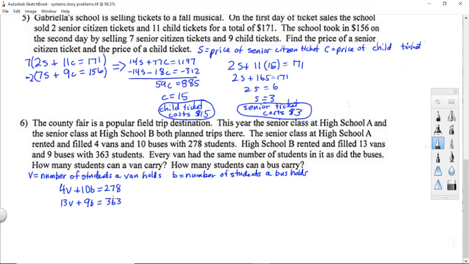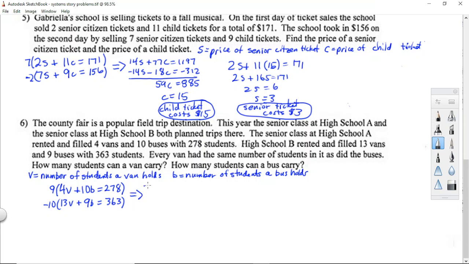Okay, so we have to be a little creative again to make something cancel out, and we can use V or B. B looks a little bit easier to work with, so we'll multiply this top equation by 9 and the bottom equation by -10, and that will work to get rid of the B variable.